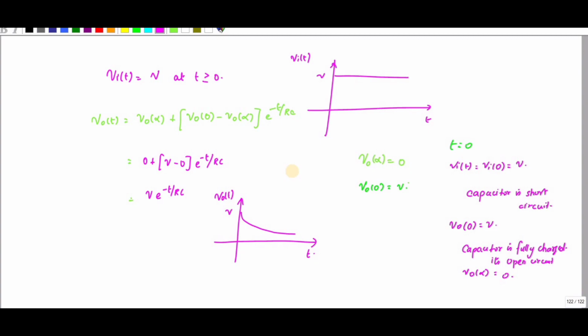So now let us discuss tilt or sag. I told you whenever the step signal is in the input, you will get the output like this, right? V0 of t, so it starts to decrease.